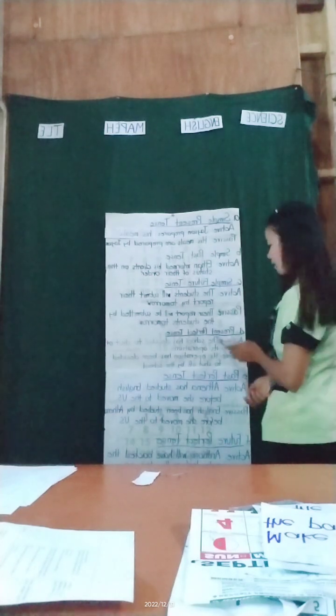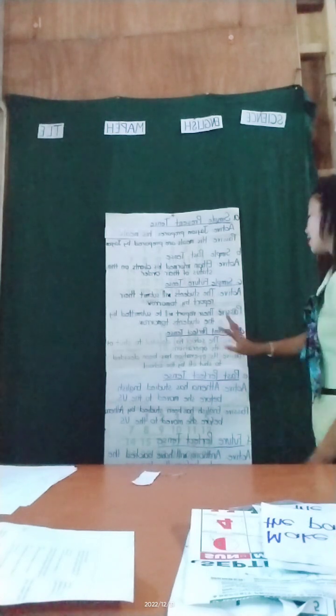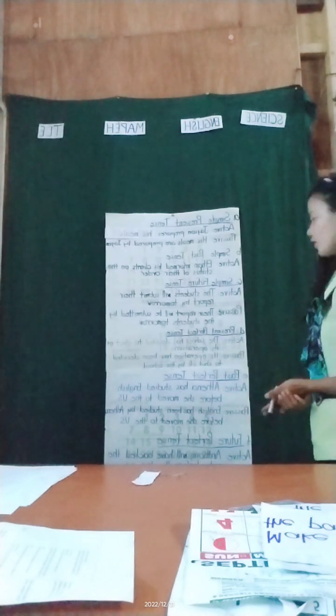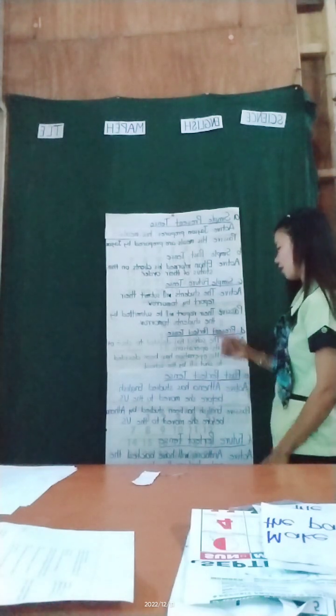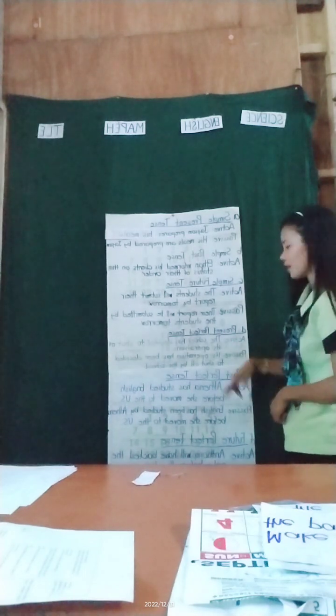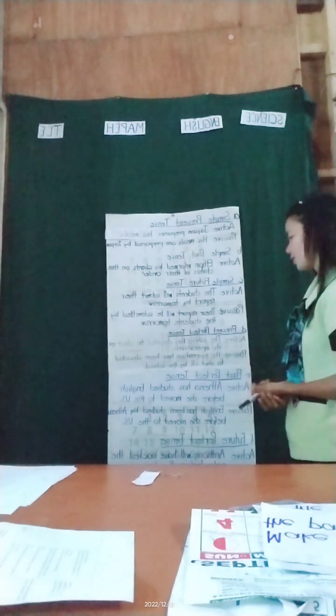D, present perfect tense. Active example: The school has decided to shut off its operations, and the passive, its operations have been decided to be shut off by the school. And E, the last, past perfect tense. Athena had studied English before she moved to the US.